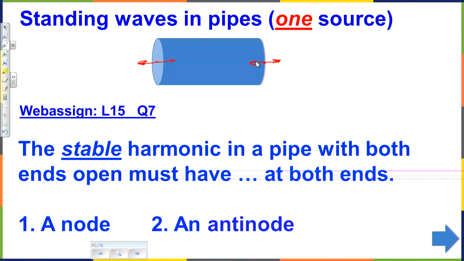And for a stable, loud standing wave, they should oscillate here and here with the maximum amplitude. And that location has a name, an antinode. That's it.